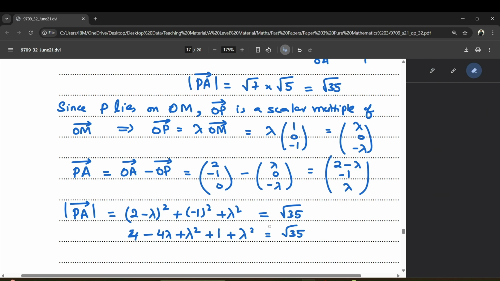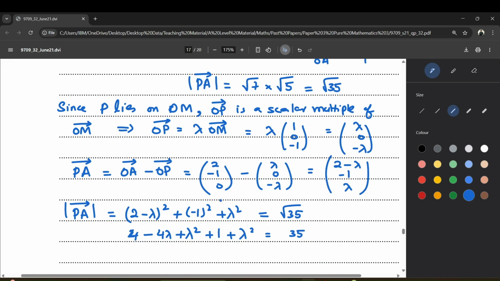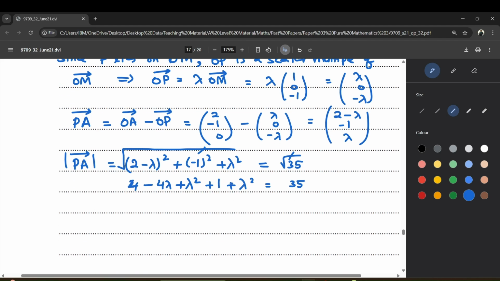Sorry, my bad, this is also under root. So this root cancels with this one, and we can directly write it as equal to 35. Expanding, (2 minus lambda) squared is 4 minus 4 lambda plus lambda squared, plus 1 plus lambda squared. So lambda squared plus lambda squared is 2 lambda squared, minus 4 lambda, 4 plus 1, and when you move this 35 to the other side, that becomes minus 35. So we'll be left with minus 30 equals 0.